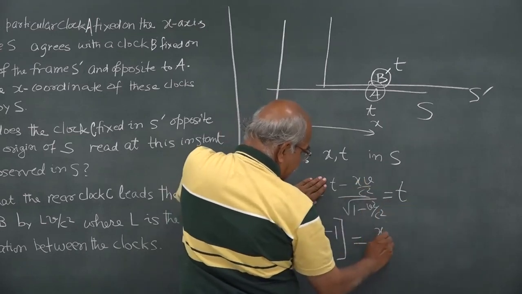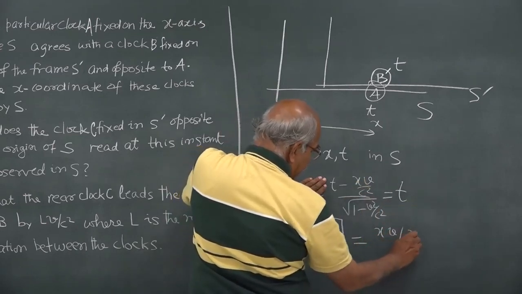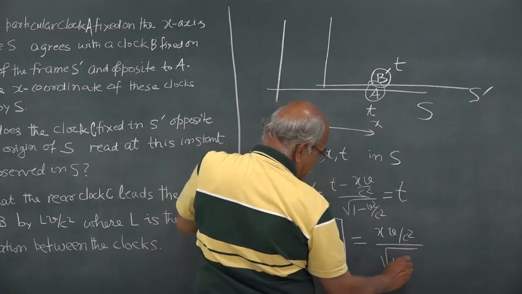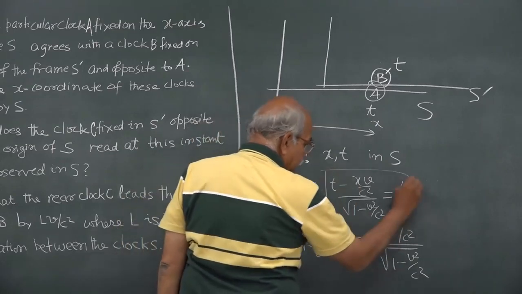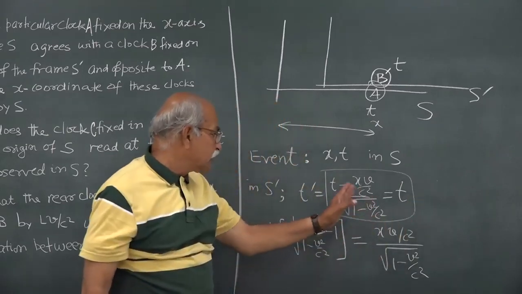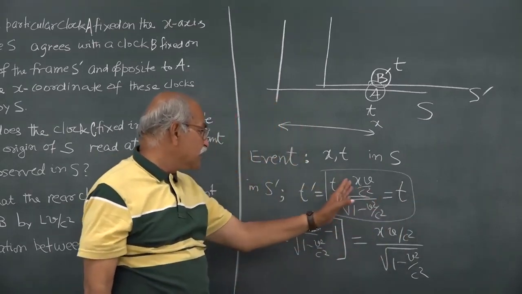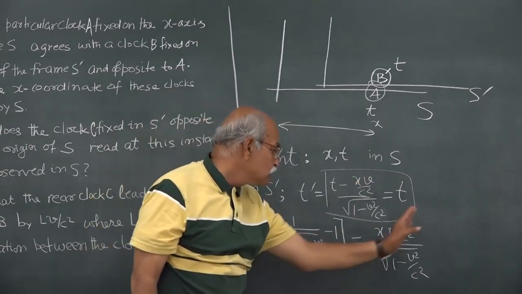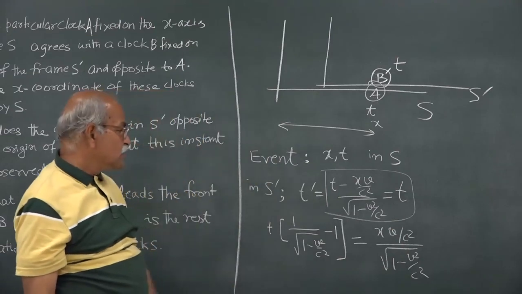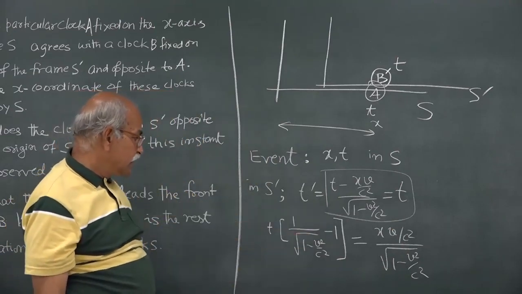So, it is x v by c square and then square root 1 minus v square by c square. Okay. So, in this equation I am transposing, this t comes to the left and this minus x v by c square divided by this, that goes to the right side. And so, from here you can write what is x.